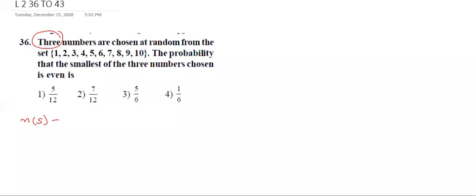How many digits are there? There are 10 digits. Out of 10 we can select 3 digits. What is the 10C3 calculation? 10 into 9 into 8 by 1 into 2 into 3. Do this calculation, you will get the answer 120.